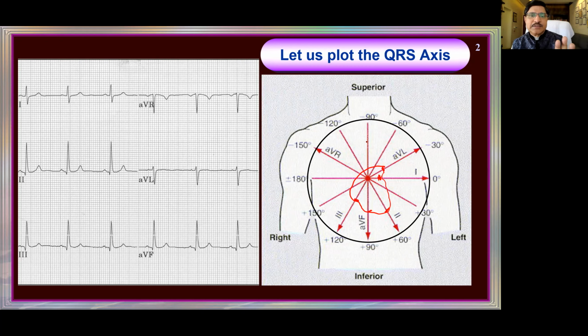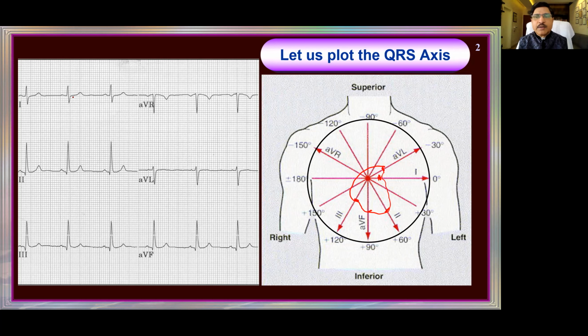So 3 methods now. First, right mid, left leave, all being positive, that is one method. Second thing is, whichever is the tallest, that will be the direction. Third thing is, you actually plot and see. The fourth one is, if you have a neutral lead, that means the positive and negative are almost same, which is that here, this is 5, and this is 4.